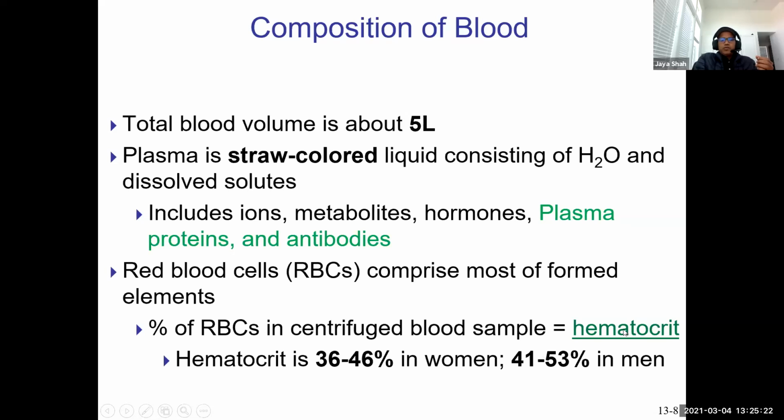And that is called hematocrit. So hematocrit is the percentage of red blood cells in a centrifuged blood sample. Our textbook and several other sources, if you Google, will say the formed elements percentage is called hematocrit, which is completely wrong. It is only the percentage of red blood cells in the centrifuged blood which is hematocrit. Okay.